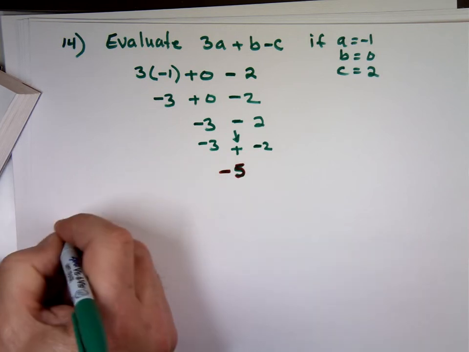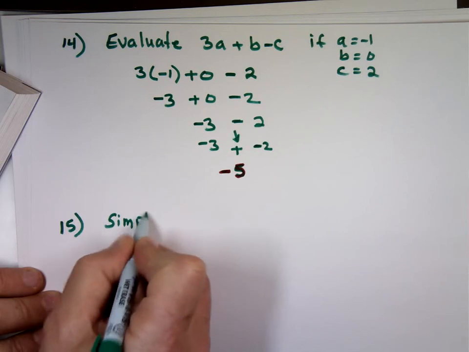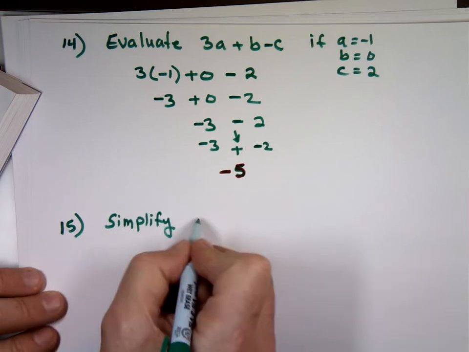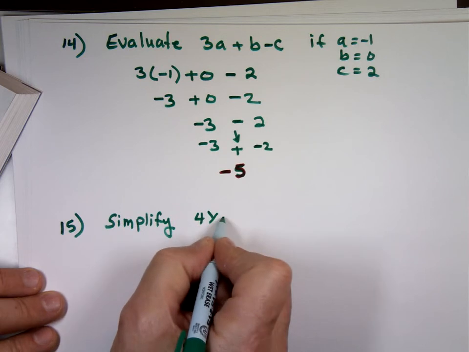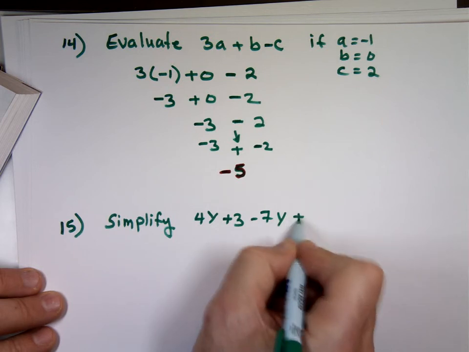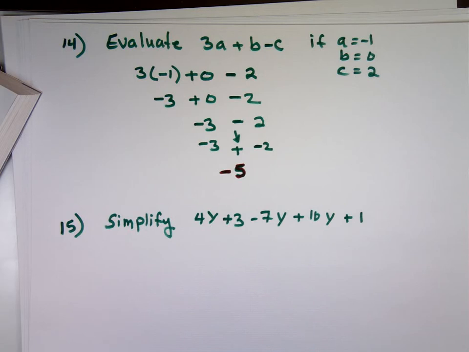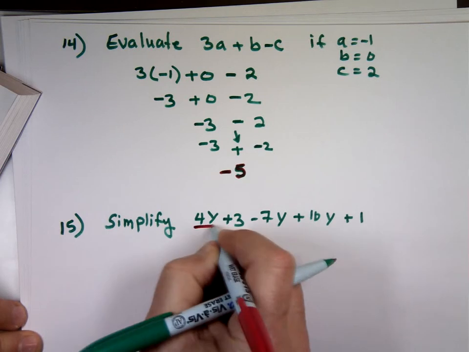This is what we did today. Simplify 4y plus 3 minus 7y plus 10y plus 1. These are the like terms.